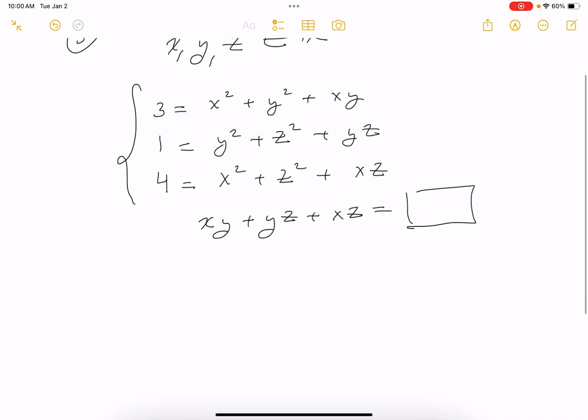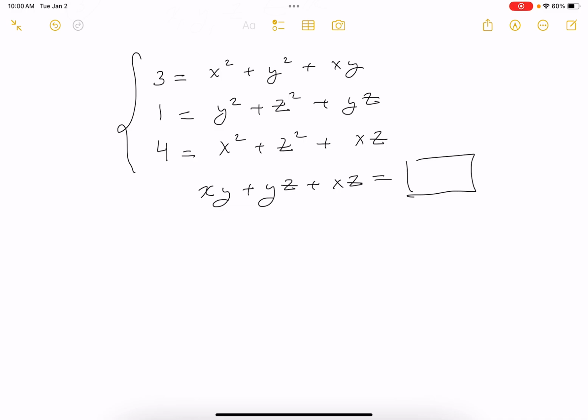Okay, what I'm going to do is look at this thing over here and start to realize that I'm seeing those numbers 3, 1, and 4. And I'm starting to recognize those 3 numbers as being related to a triangle. I want to point out the relationships I'm seeing over here. The root of 3 I do recognize, by the way, is x squared plus y squared plus xy.